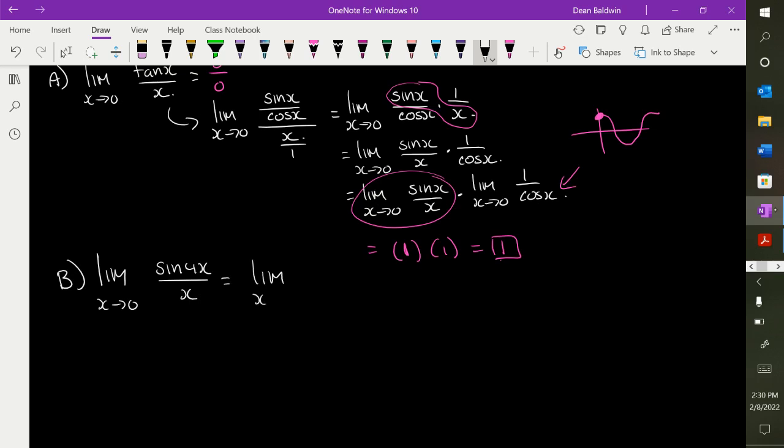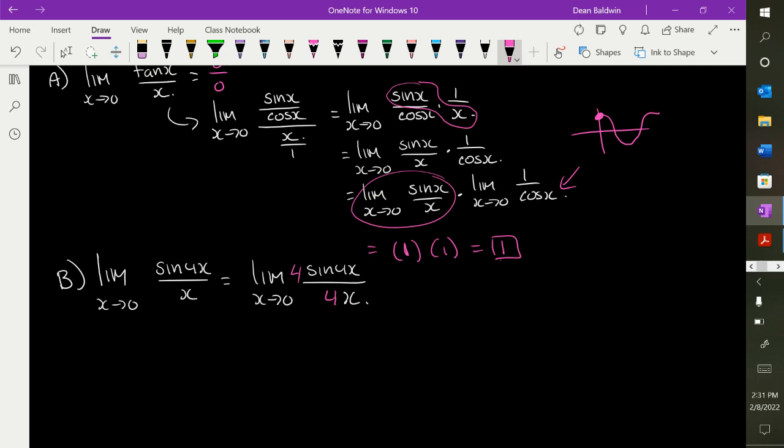So what we do is, that's what I want, but I can't just put a 4 in the denominator. That's going to change things. But you can always multiply by 1. So that means I'm going to have 4 on the outside here, because really those 4s would cancel and would just give me back the original equation.